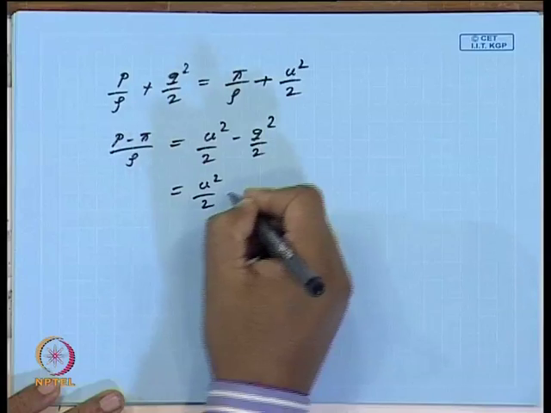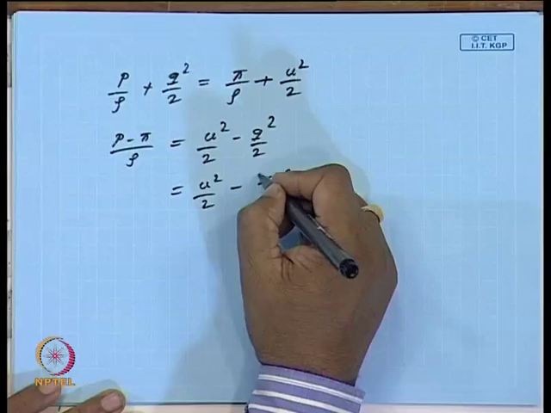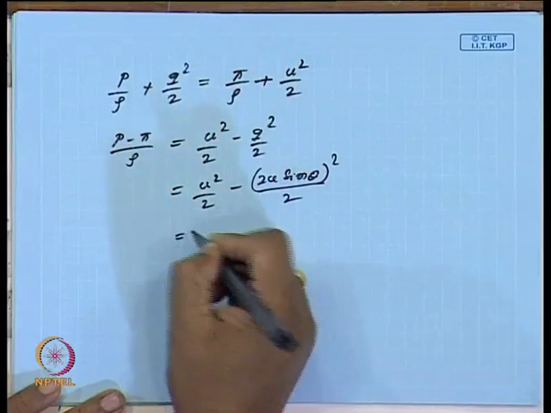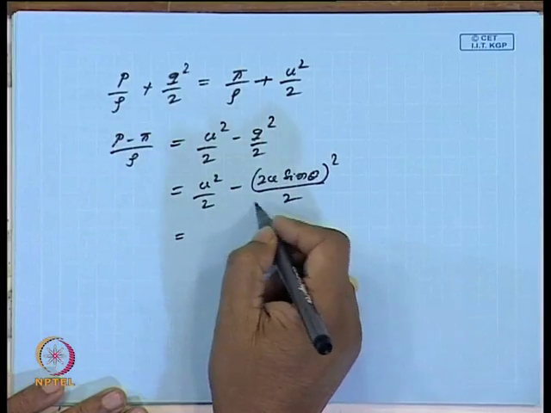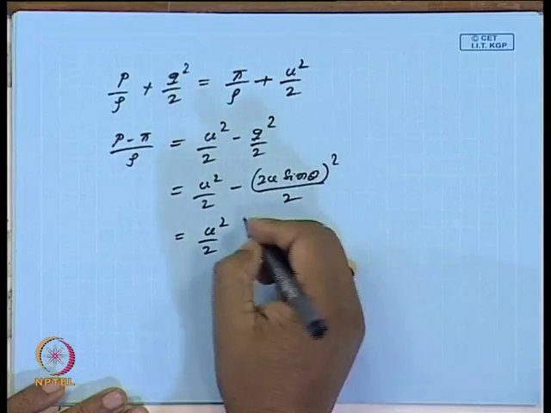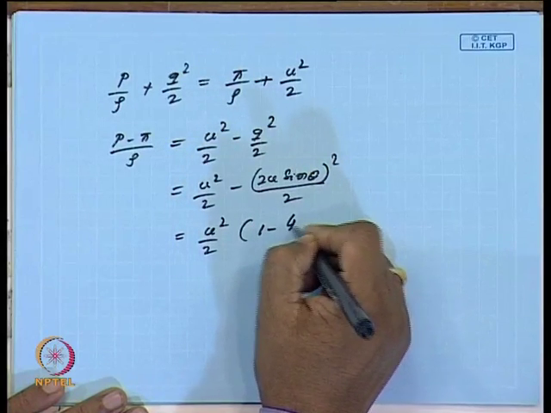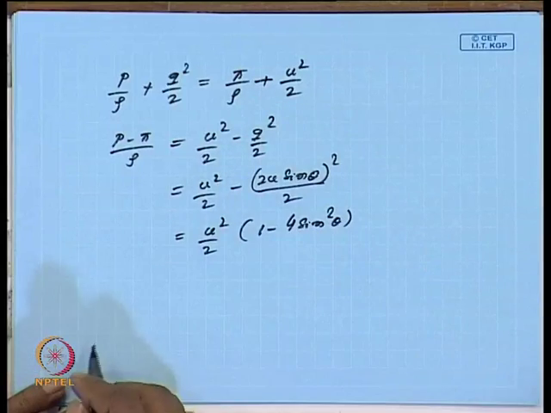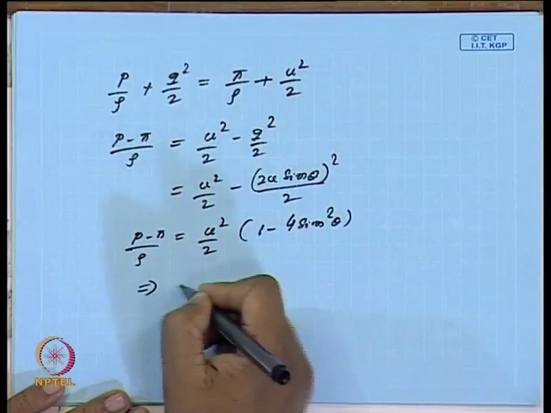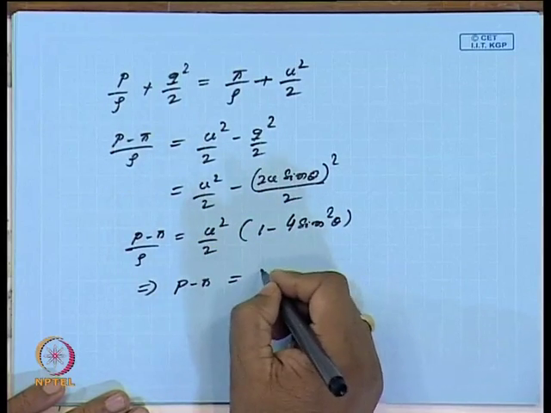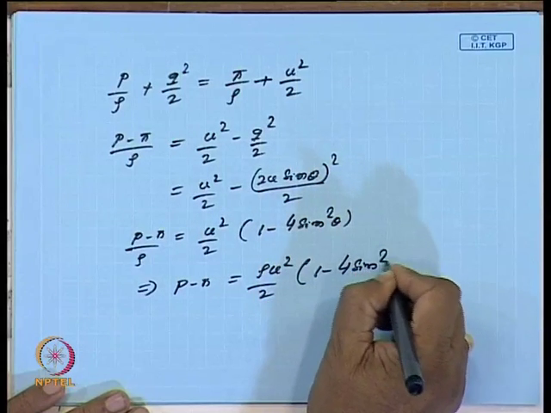So I have u square by 2 minus 2u sin theta whole square by 2, which gives me u square by 2 into 1 minus 4 sin square theta, that is my p minus p infinity by rho, which implies my p minus p infinity is rho u square by 2 into 1 minus 4 sin square theta.